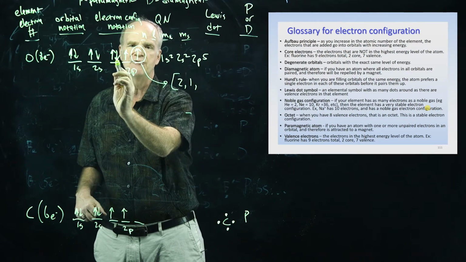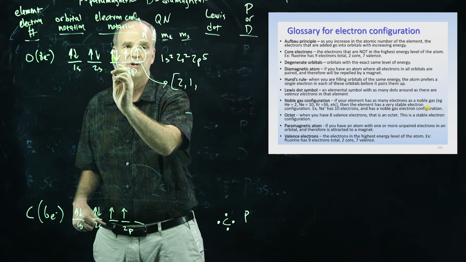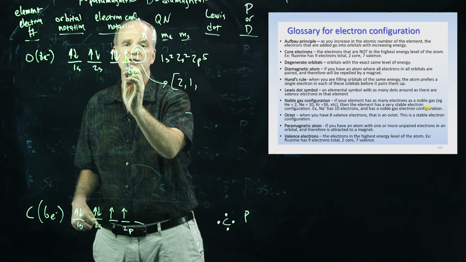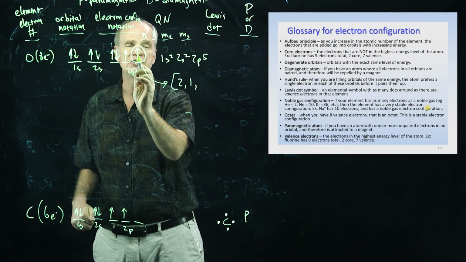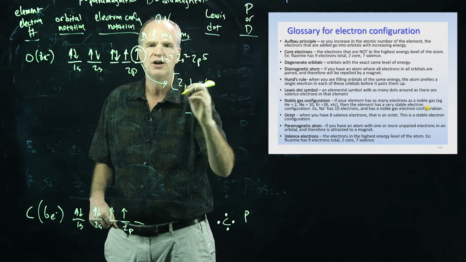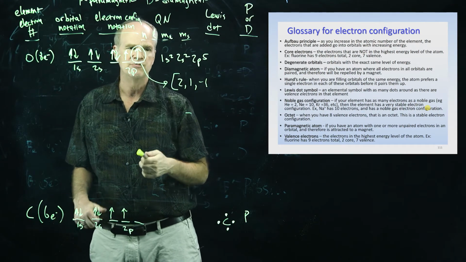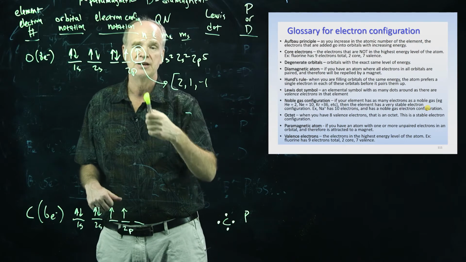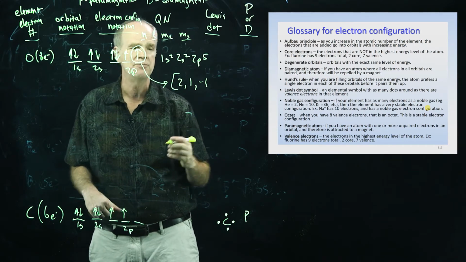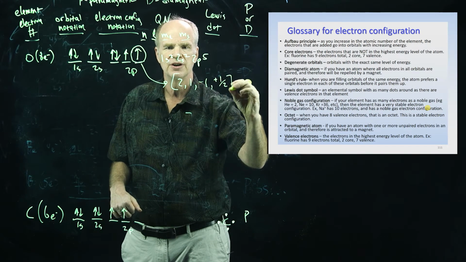So if I had, for example, m sub L of this electron pointing up here, and this orbital would be +1, and I had this one set to be 0, then I would set this one to -1. So I can set this one to -1 knowing that these other 2 electrons in the 2p sublevel need to have a different value of m sub L. And so here the electron is pointing up, and so it has a clockwise spin, so it's +1/2.